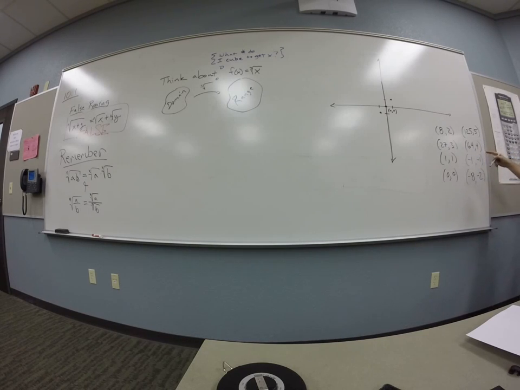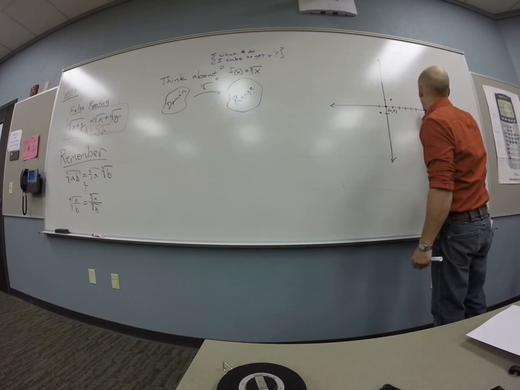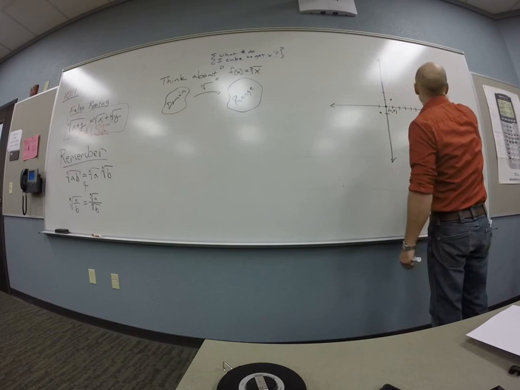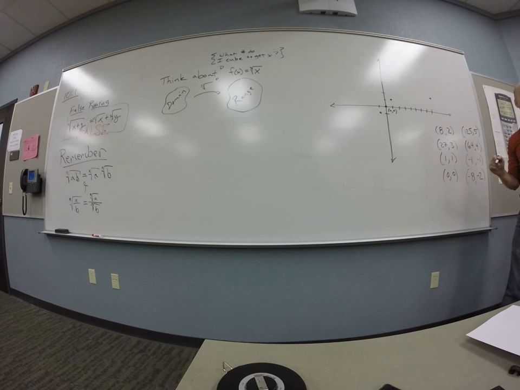So let's see. Where's the next easiest point to graph? 8 and 2 is probably the next easiest thing. So I go 2, 3, 4, 5, 6, 7, 8, and 2. Where's the next one? Yeah, this one?